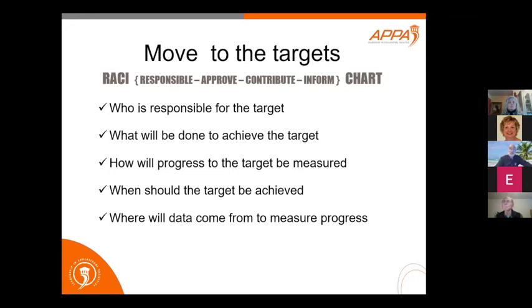data that you have. So you need to know who is responsible for setting the targets, what will be done to achieve the target, how you will progress to the target and measure your progress, know when your target will be achieved and know that you're going to get there when you're supposed to, and lastly, know where your data will come from to measure your progress toward achieving your targets.